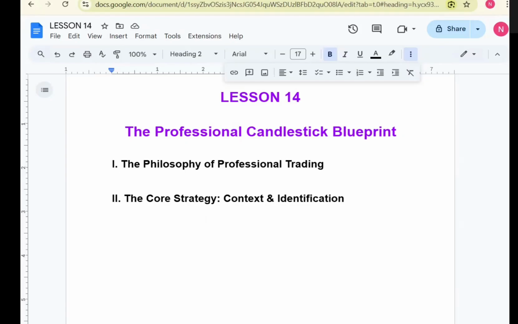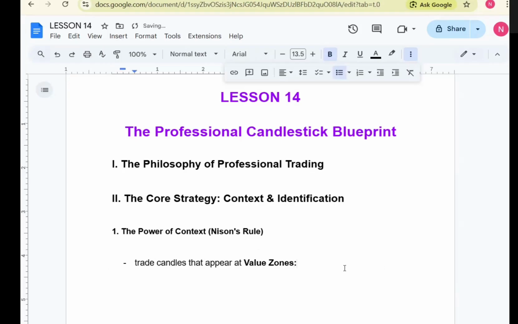Regarding the power of context, established by Nison's rule, a signal is only as strong as the level it sits on. We only trade candles that appear at value zones. Okay, remember this: we only trade candles that appear at the value zone.